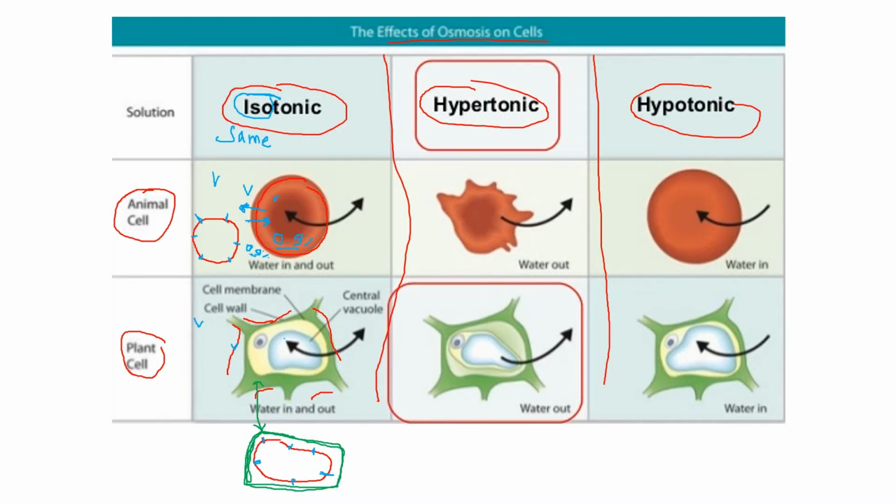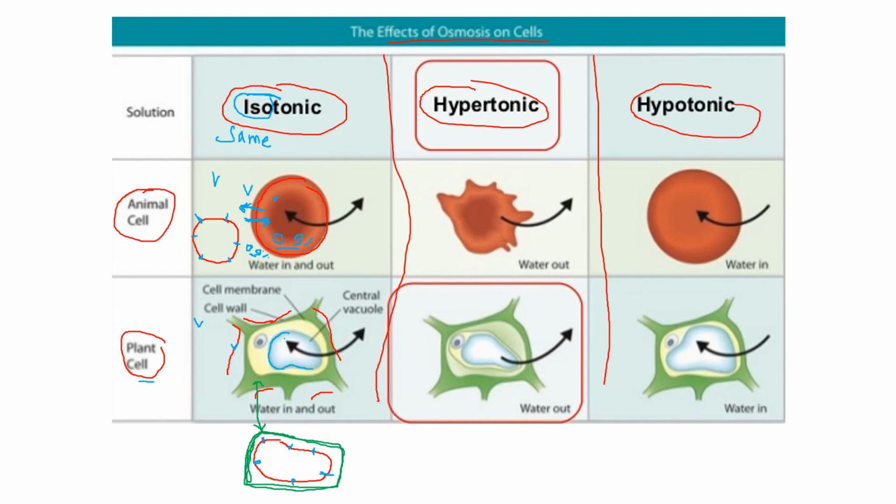Water will be moving in the same amount in and out of the cell. So we can see that the size of these animal cells will be the same, no change in the size.